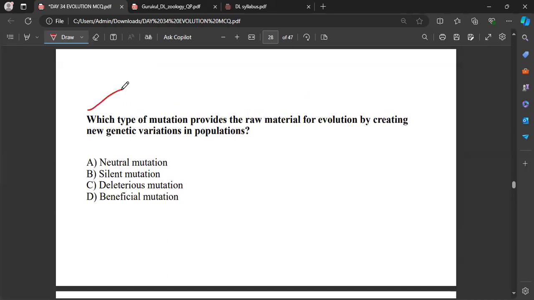Which type of mutation provides the raw material for evolution by creating new genetic variation in a population? Which mutation?